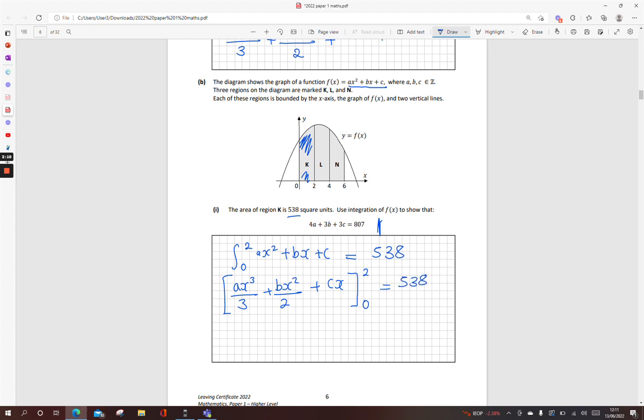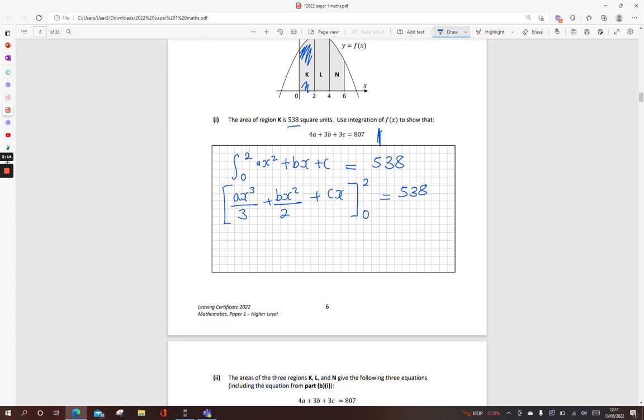Now what we've got to do is put in the upper limit, the higher value, which is 2, for my x, minus my lower limit, and when I fill in 0 for my x there, it's just going to work out to be 0. And that's 538.